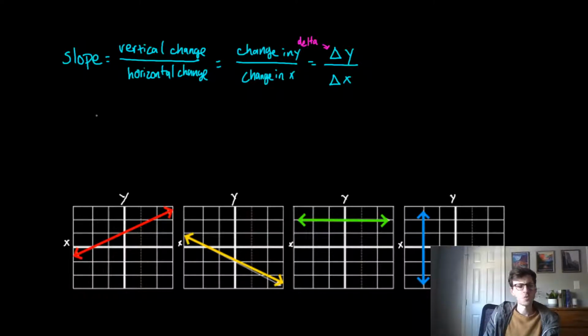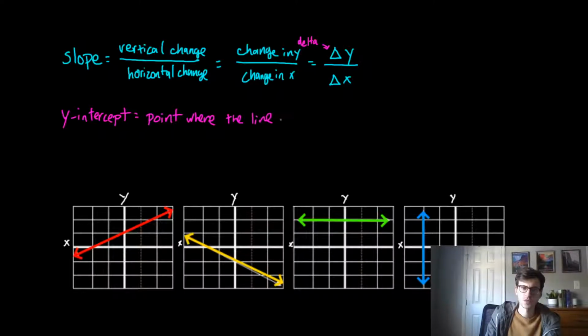Okay, so that's slope. Now, there's two other things for now that we'll talk about. The y-intercept is one of them. And the y-intercept is the point where the line crosses the y-axis, right?